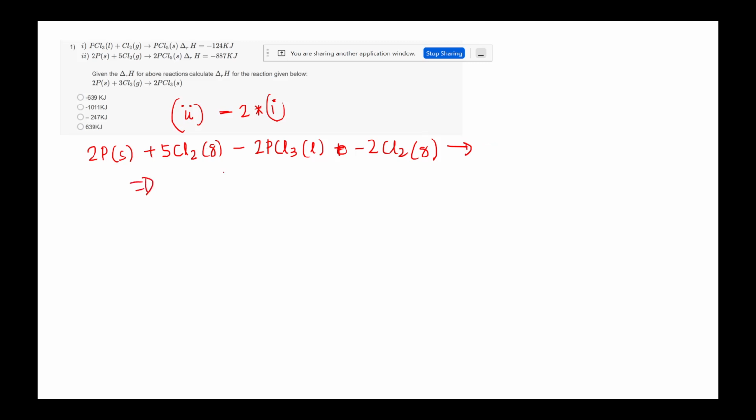Now you just do this: 2 PS, 5 Cl2, 2 Cl2, 3 Cl2, and if you bring back this thing here, this will be 2 PCl3.